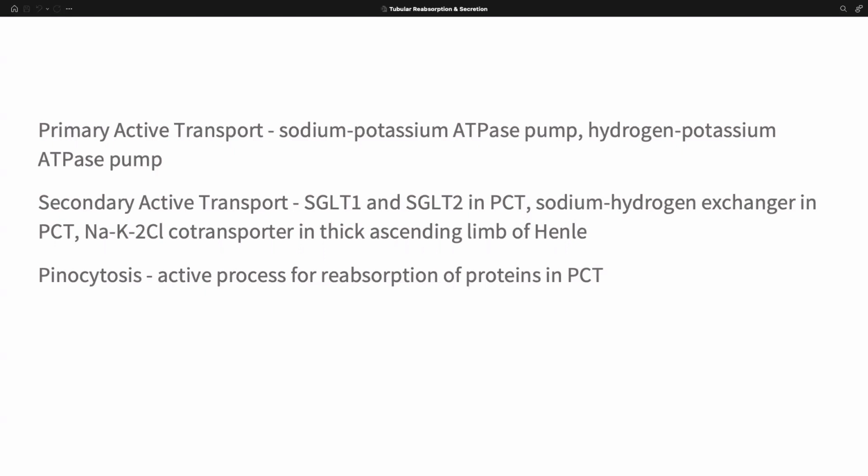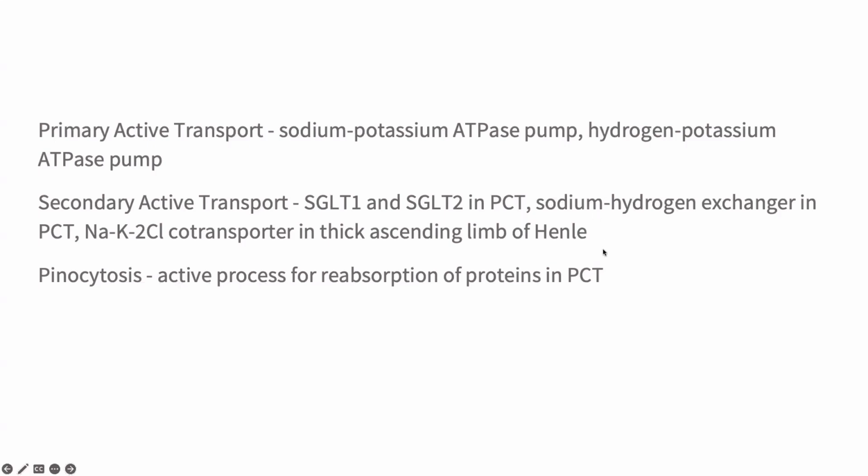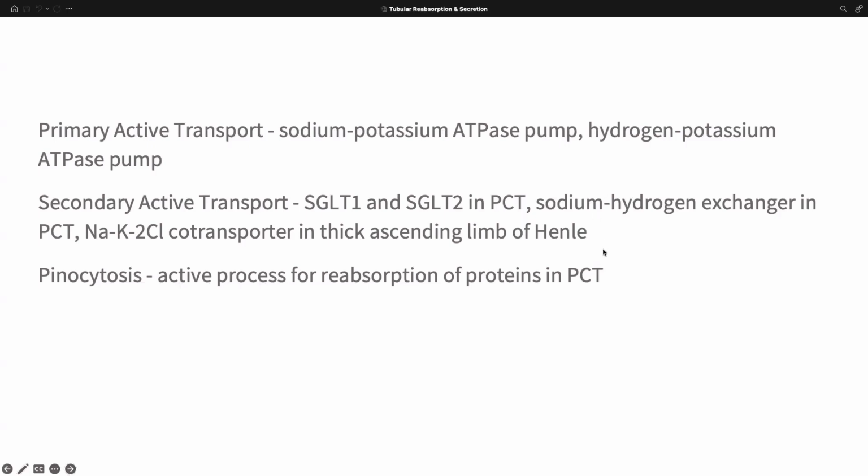Endocytosis is, in simple words, cell eating. Pinocytosis is cell drinking. And this is an active process. It requires energy in the form of ATP. And this is how proteins that are filtered into the tubules are reabsorbed back into the PCT cells and eventually into the bloodstream. So pinocytosis is important regarding reabsorption of proteins.